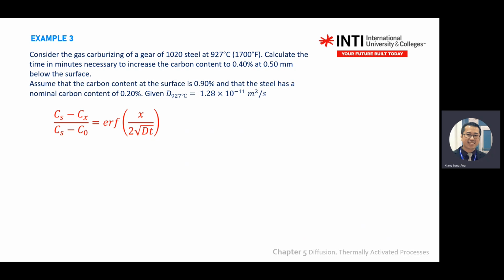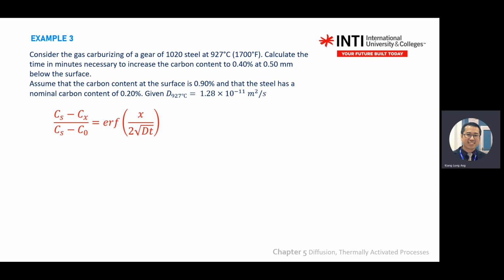When it comes to assessment, normally we'll say this is a non-steady state. Once you see non-steady state, then you know that you use the second law, right?